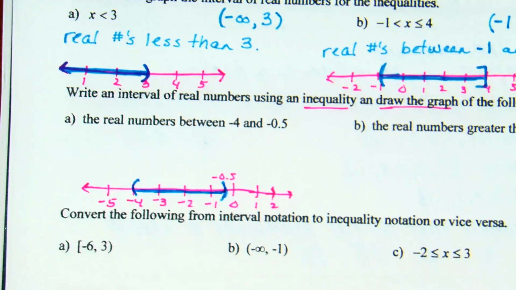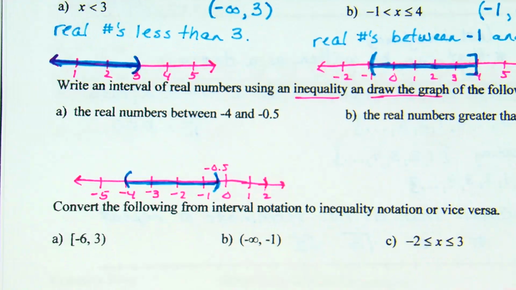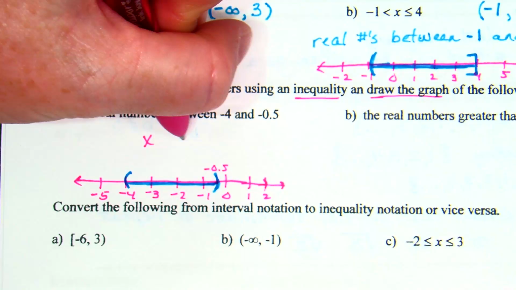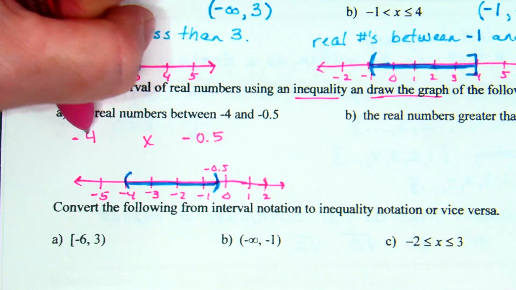Now, do we know what that looks like as an inequality? Here's my hint. Go up and reverse what we did up above. This is real numbers between two numbers. What would that look like as an inequality up above? X in the middle. So we can say, if I put X in the middle, bigger number on the right, so -5/10 on the right, smaller number on the left, -4 on the left.